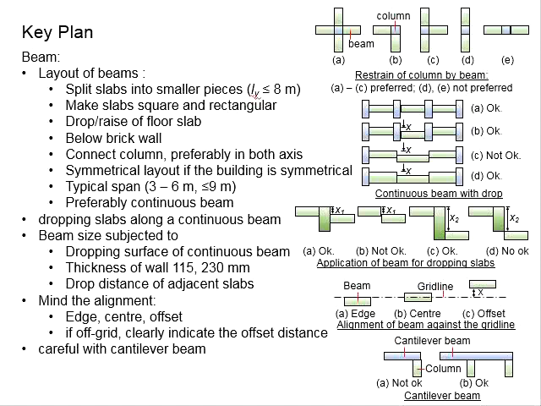And there's one more thing, you cannot allow the cantilever beam to cantilever on both sides. For example, you don't have a column here. You cannot expect the loading here will help to counteract the loads here to ensure the stability of the member. Or you cannot expect the column here or the beam here to provide resistance in terms of rotation to ensure the stability of the cantilever beam.